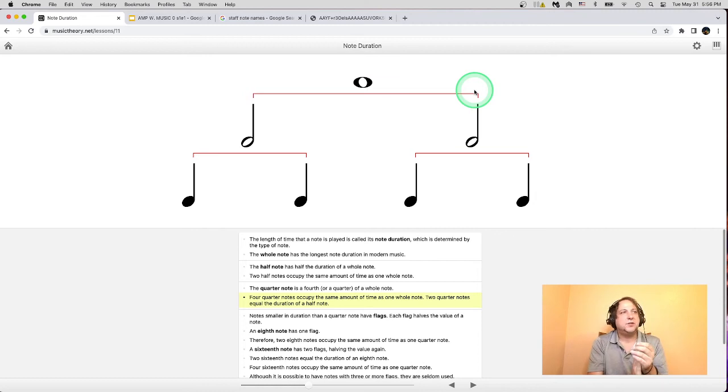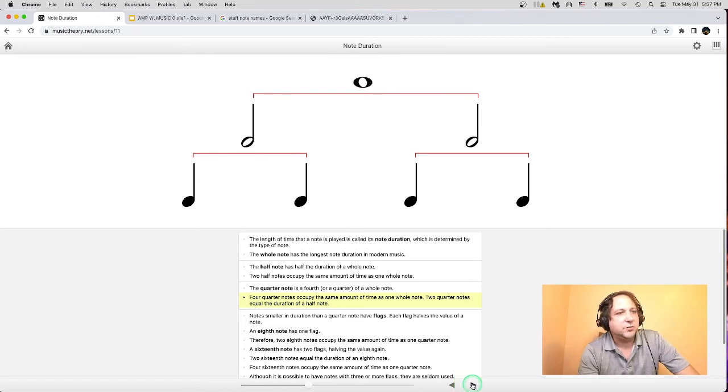Let's do halves. Half, half, half, half, half, half, half. Let's do quarters. Quarter, quarter, quarter, quarter, quarter, quarter, quarter, quarter, quarter, quarter, quarter, and back to whole and hold. Hold. So that's how all of this is organized.